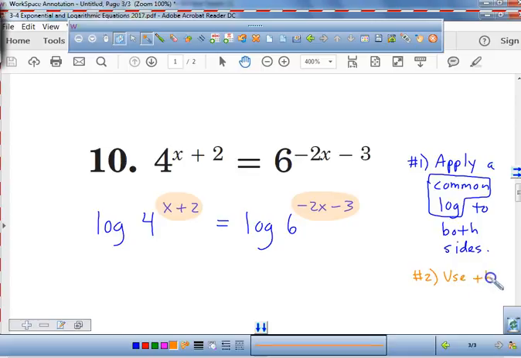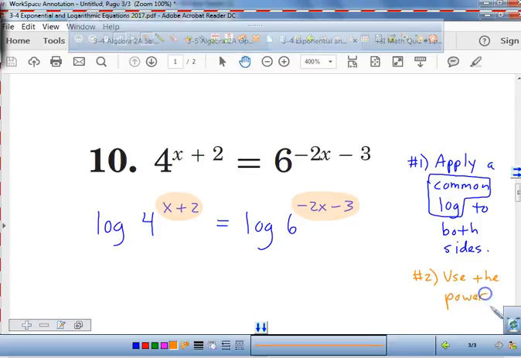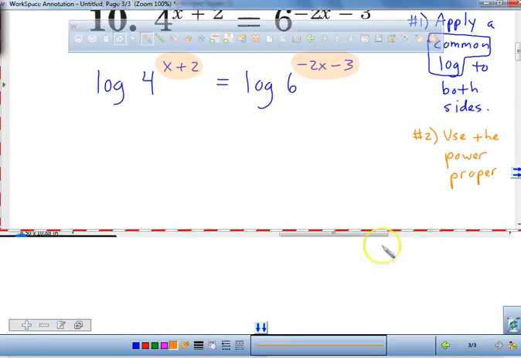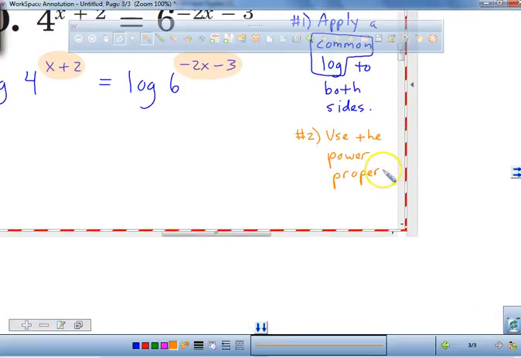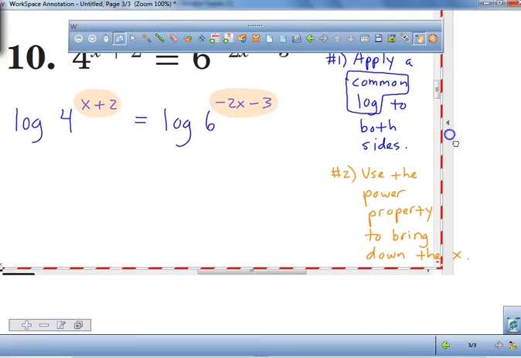Use the power property. Bring down the x, which means the expression of x right here.